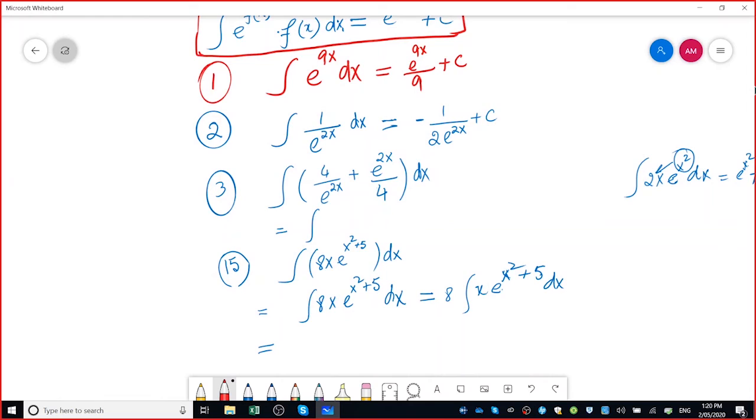So this is our f(x). What is the derivative of f(x) then? 2x.